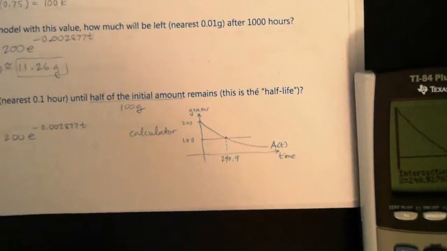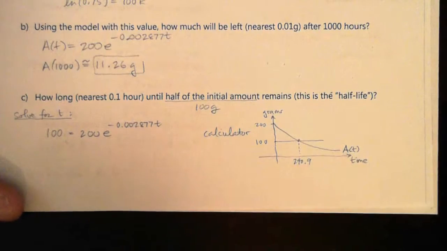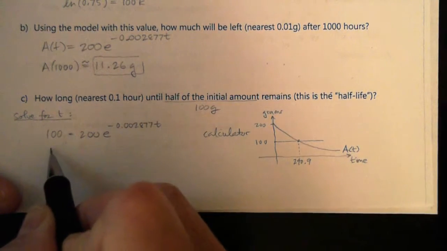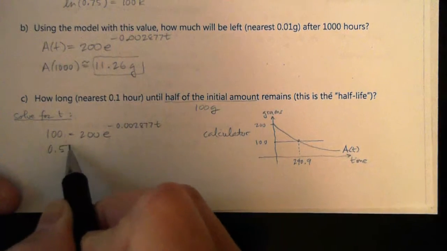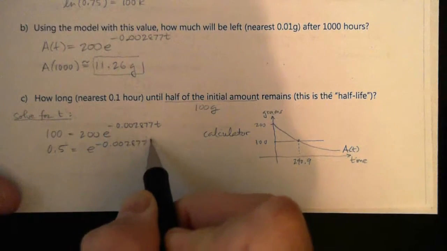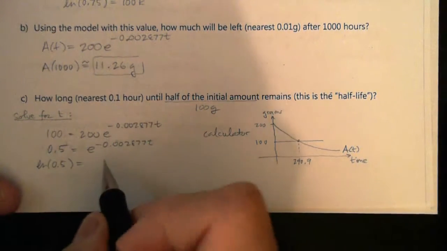Now, to do it algebraically, which we could also do, we would divide both sides by 200. Take the natural log of both sides, or equivalently rewrite it logarithmically.